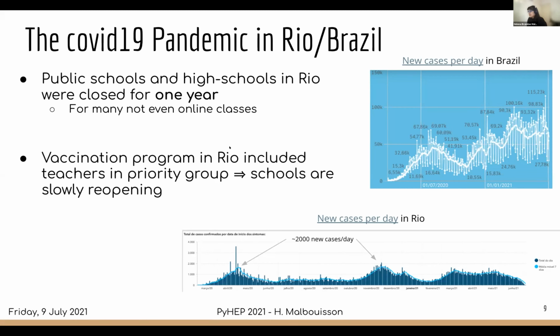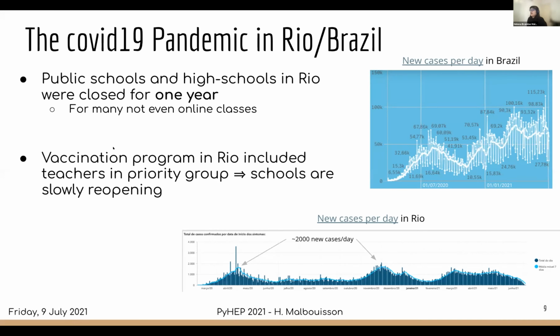So because of this, especially in Rio, with the high number of cases, we had the public schools that were closed for 1 full year. The private schools opened much earlier because they had the structure to do so, but not the public schools. And this 1 year without classes meant for many children, not even online classes, meant nothing, 1 year without school.